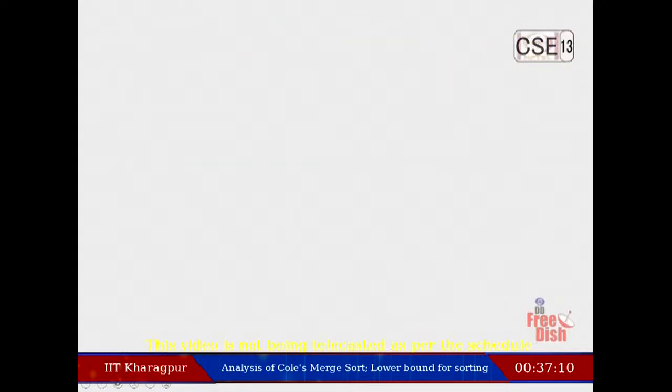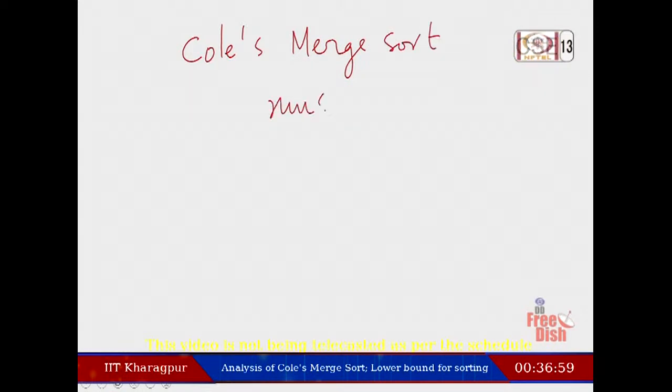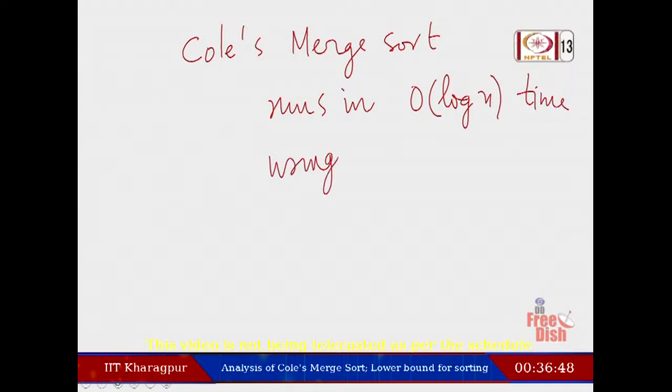So this establishes that Cole's merge sort on inputs of size n runs in order log n time using n processors, so that the cost of the algorithm is order of n log n.